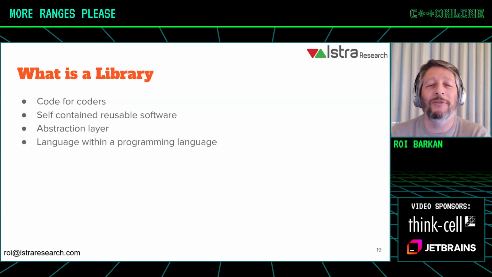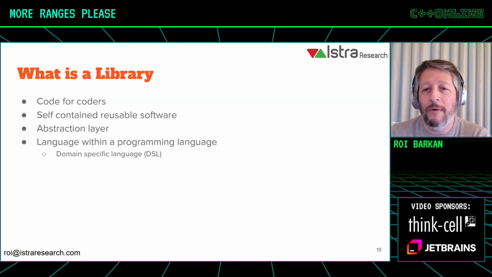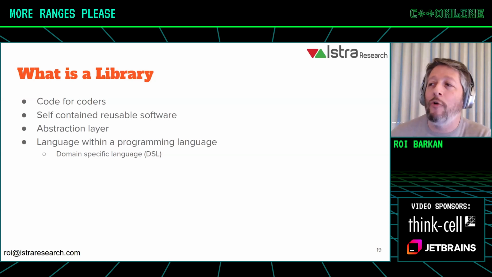Another potential answer is that a library can sometimes be a language within a language, sometimes called a domain-specific language. For example, regular expressions are sometimes considered a language within C++ or within Python or Perl, etc. Good libraries can seem like an embedded language, and a foreigner that doesn't know the library will look at our code and might not understand what's going on.